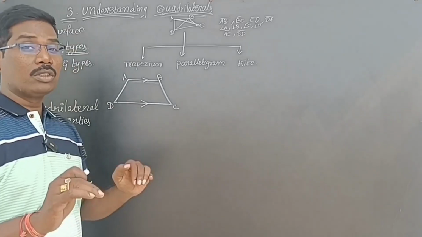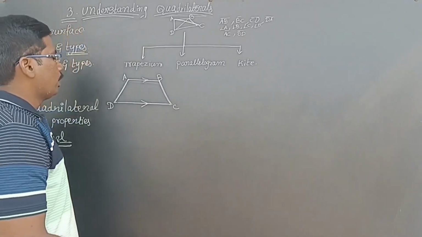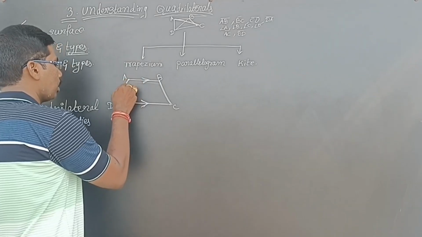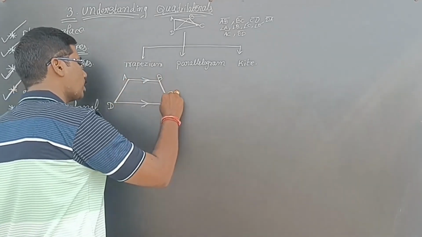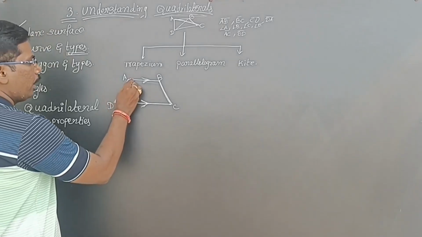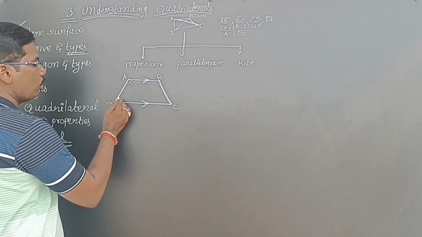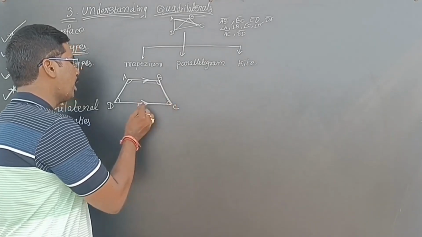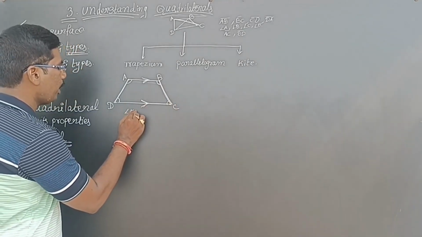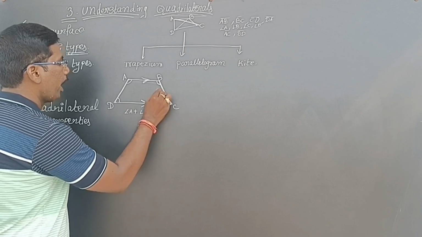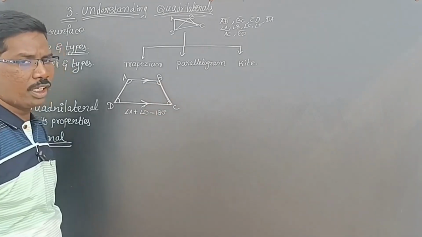Now we understand trapezium. Now the properties. What properties are there? See here. These are parallel lines. This is called the transversal. In lower classes we have studied that if it is a transversal, then the sum of adjacent angles is 180 degrees. Means we can see here angle A plus angle D is 180 degrees. In the same way, angle B plus angle C is 180 degrees.